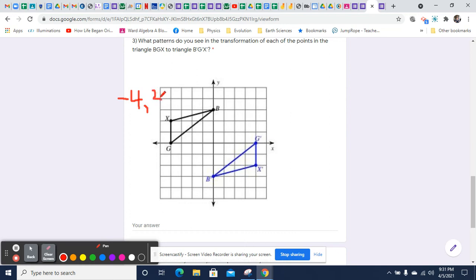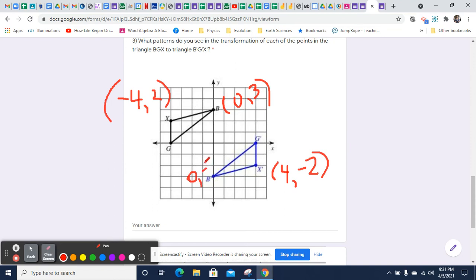But this point, X prime, is now positive 4, negative 2. Okay. And this point B is at 0, 3. But this point B prime is at 0, negative 3.